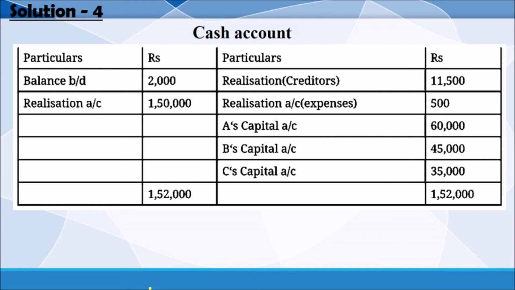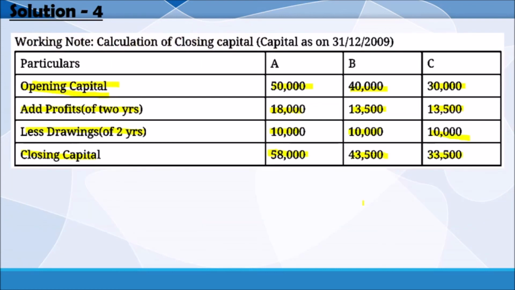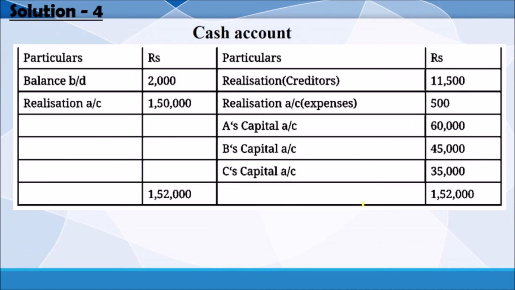So we have to prepare the capital account. From that, no need to prepare the capital account, as we have already calculated the closing capital using the table. That amount we have to directly transfer into the cash account. Okay. So remember that the amounts we have calculated through the table, we have to transfer. And also the opening balance will be transferred.